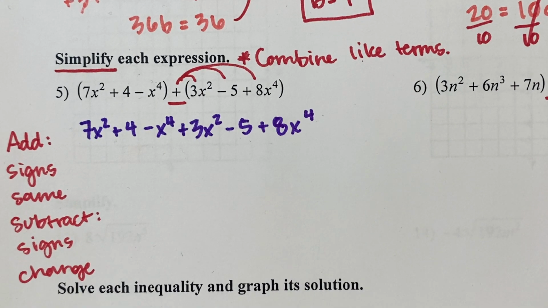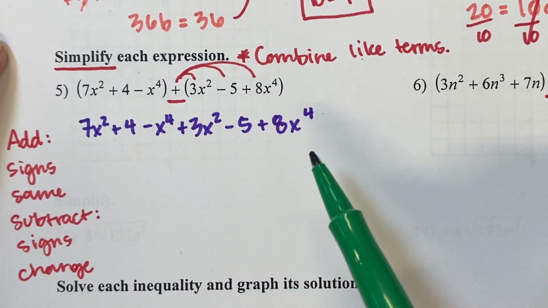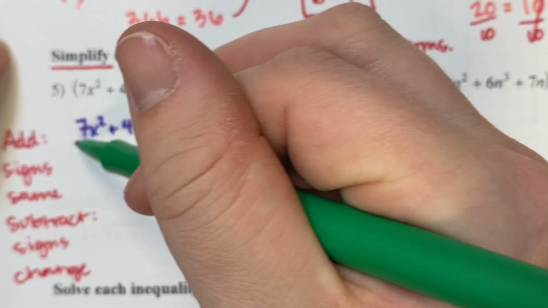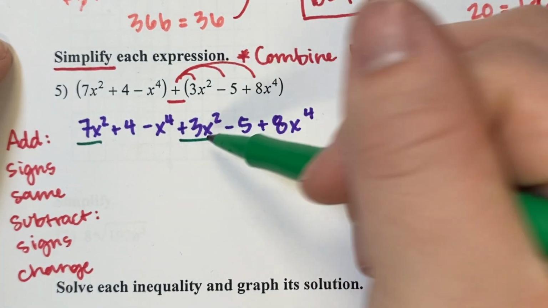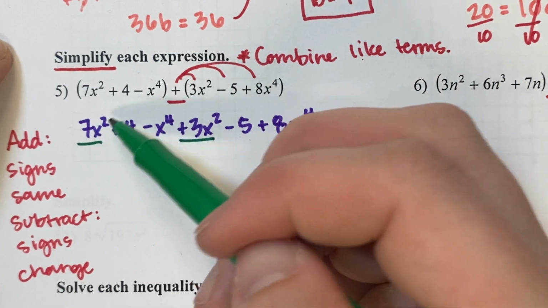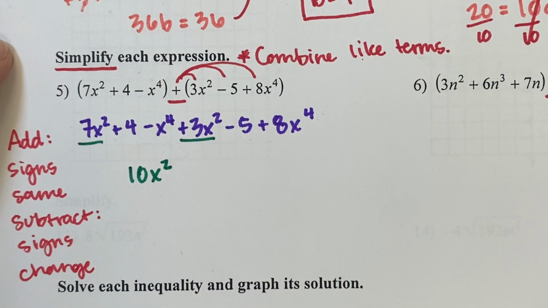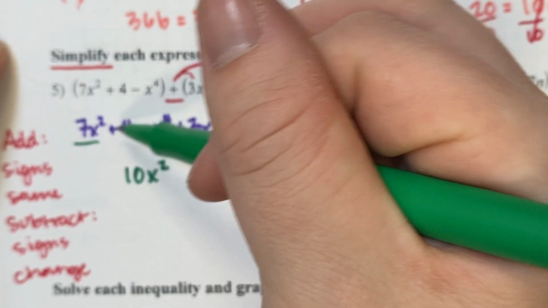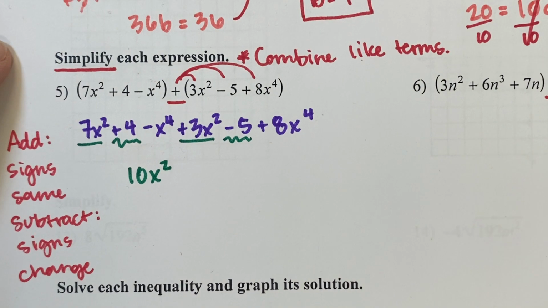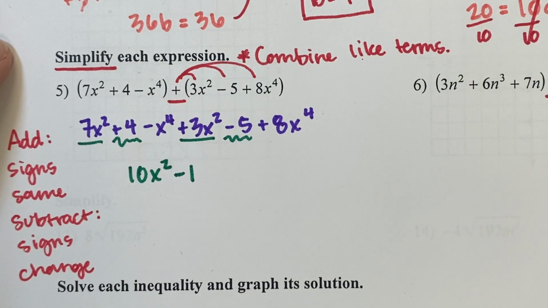Now we just need to combine like terms. Remember, it has to be the same variable, but also the same power. So I see 7x squared, I can combine with 3x squared, which gives me 10x squared. Then I see 4, which is just a number, I can combine with negative 5. 4 minus 5 is negative 1.